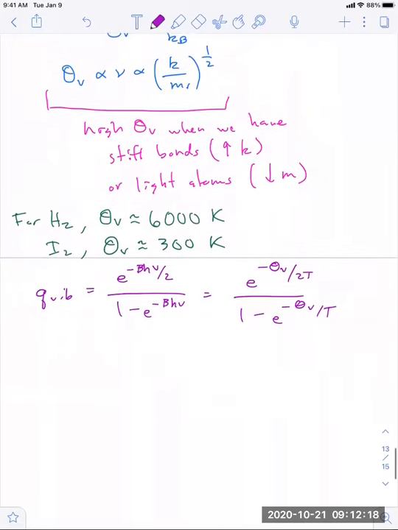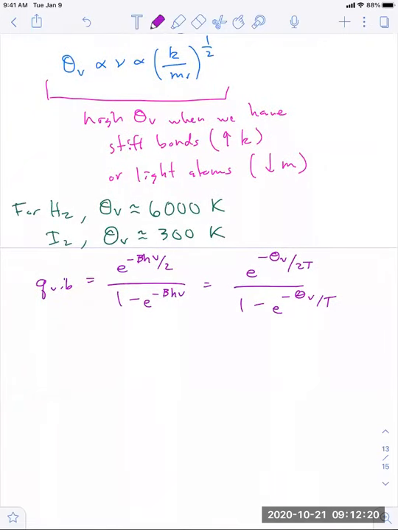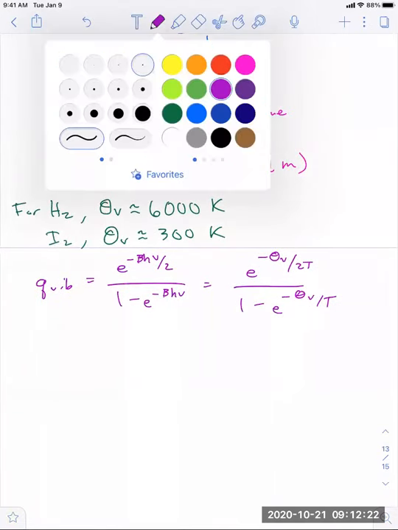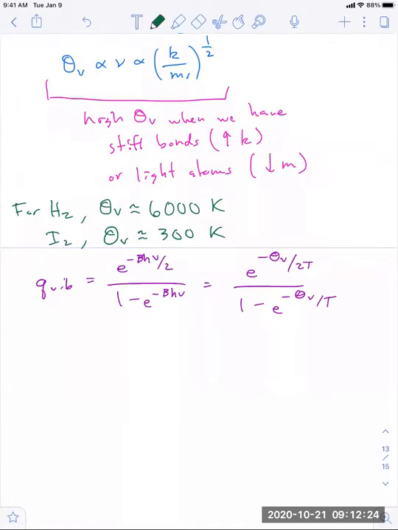All right, so getting back into the thermo world, that means we're going to be taking logs to try to get thermodynamic quantities. The energy is going to be the number of particles or oscillators times kT squared times the partial derivative of the log of the vibrational partition function with respect to temperature.